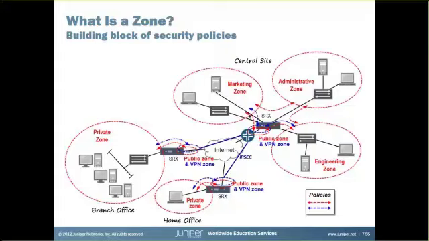We won't get into the details in this presentation, but security policies are either inter-zone, from one zone to a different zone, or intra-zone, where you're allowing traffic from a given zone to interfaces in that same zone. That's required for traffic to flow.